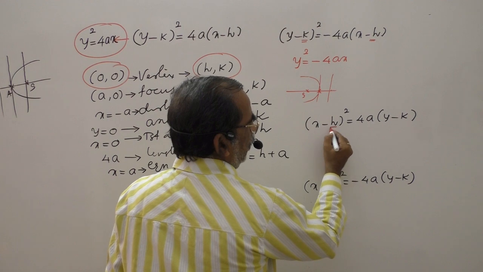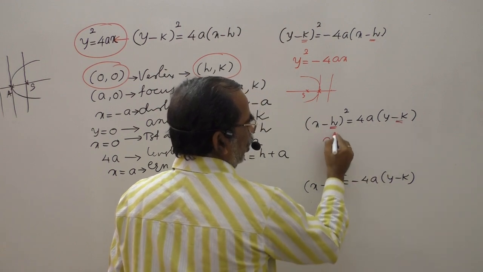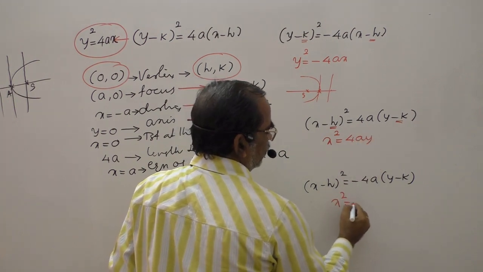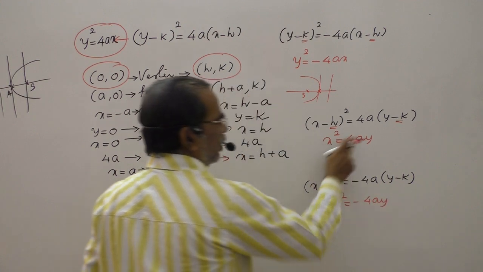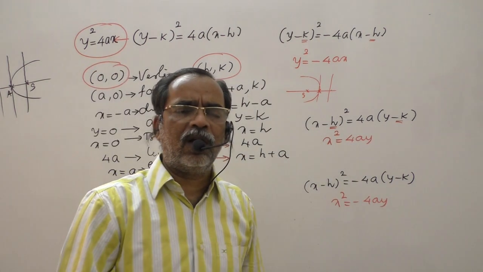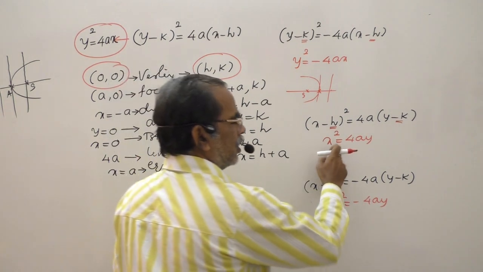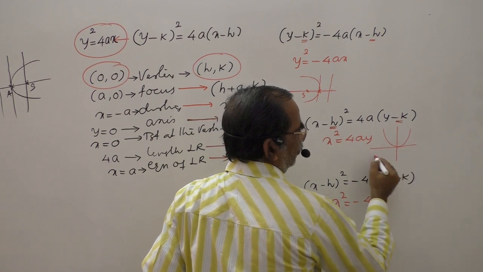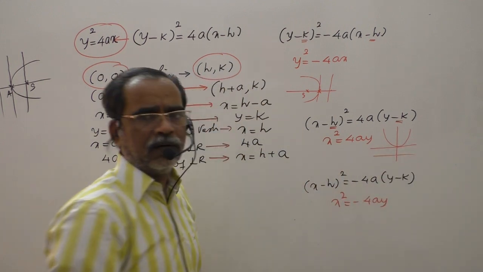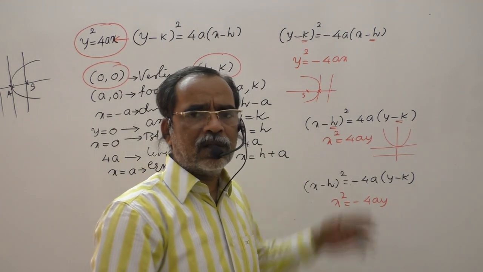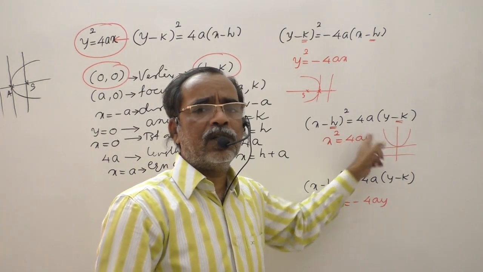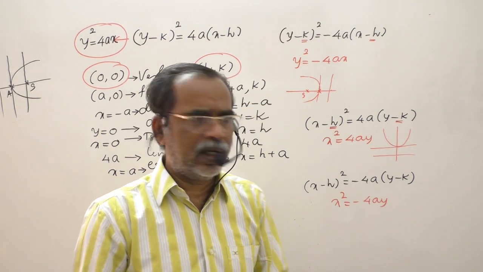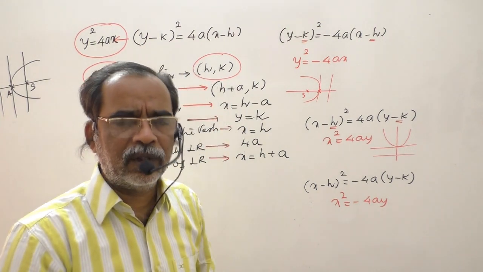If you make h comma k zeros here, these parabolas take the forms x square equal to 4ay and x square equal to minus 4ay. What is x square equal to 4ay? First set, third one, like this. We know all the details of this. By watching the details of this, you can write all the details of this parabola. Same concept, by increasing x coordinate by h, y coordinate by k. For this also you can do the same thing.